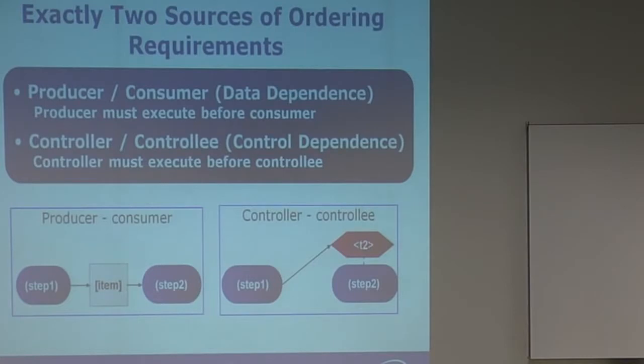And the controller-controllee relationship: step one is producing some control information into a tag collection, a collection of control tags. And this producer relationship is similar to this producer relationship, so it's just producing something.